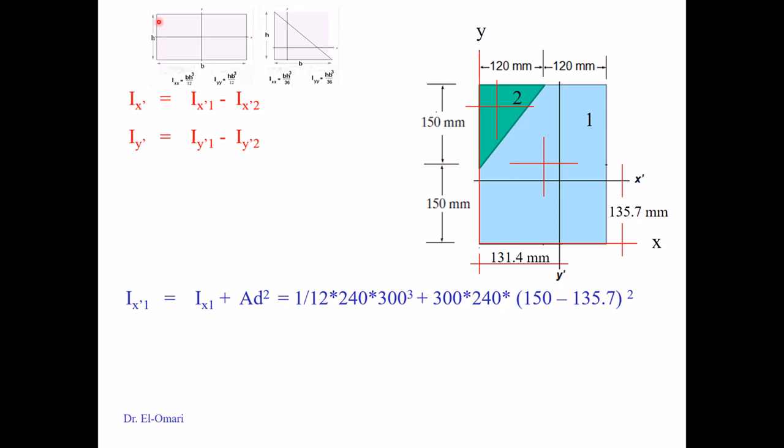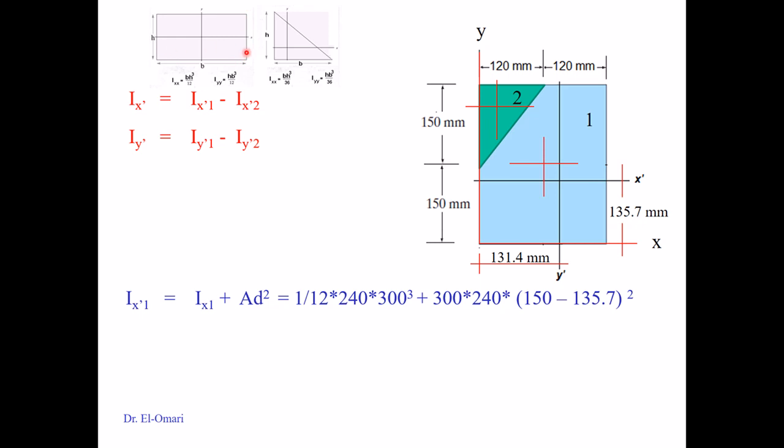it shows the moment of inertia of a rectangle or a triangle written next to it, and it says, for example, to find the moment of inertia about Ix, then it has to be 1/12 bh cubed.